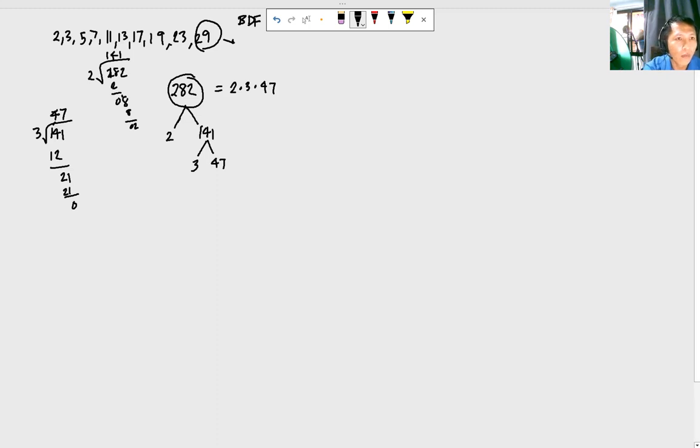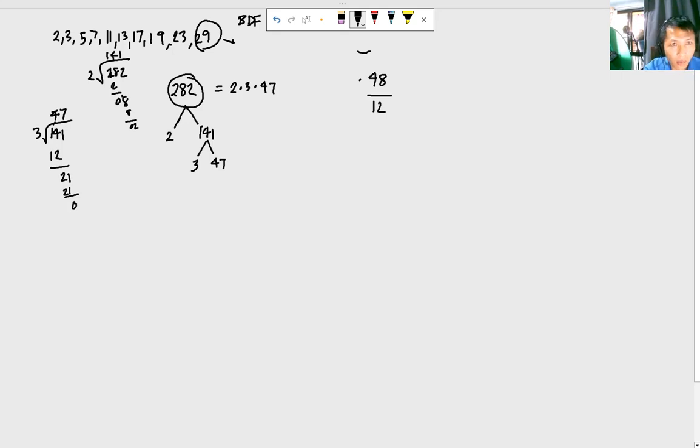For example, if you have a fraction, let's say, I'll give you a smaller fraction, 48 over 12.